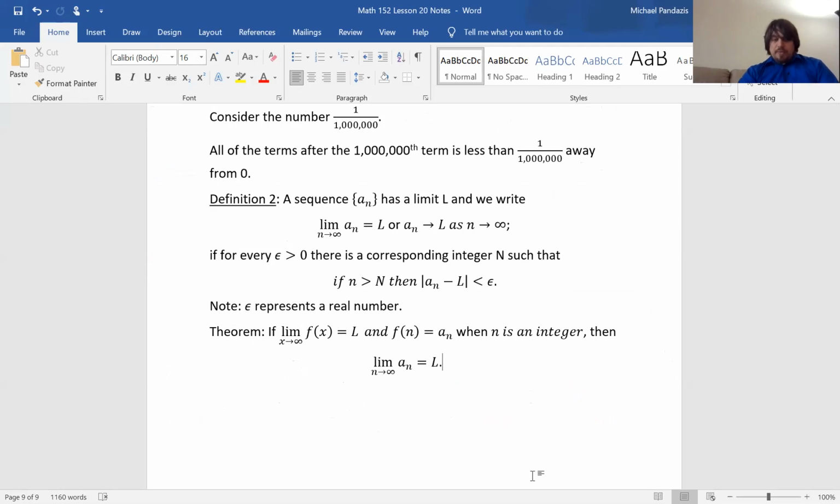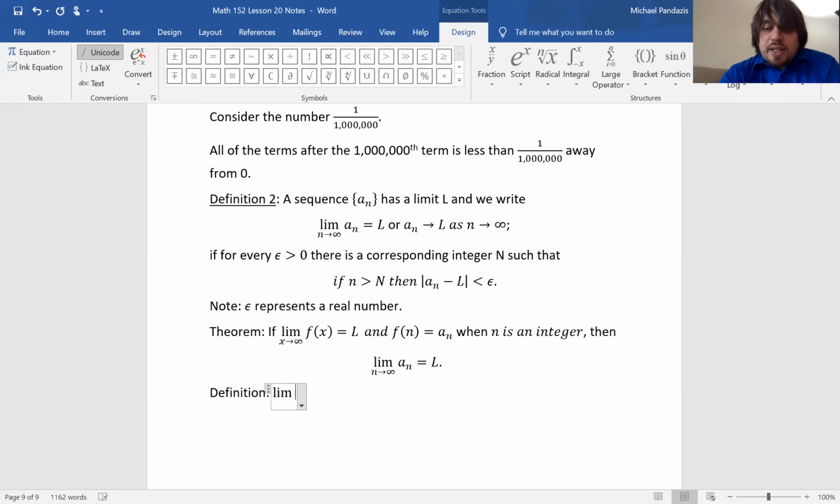Okay, so another definition. Okay, so I'll stop soon.